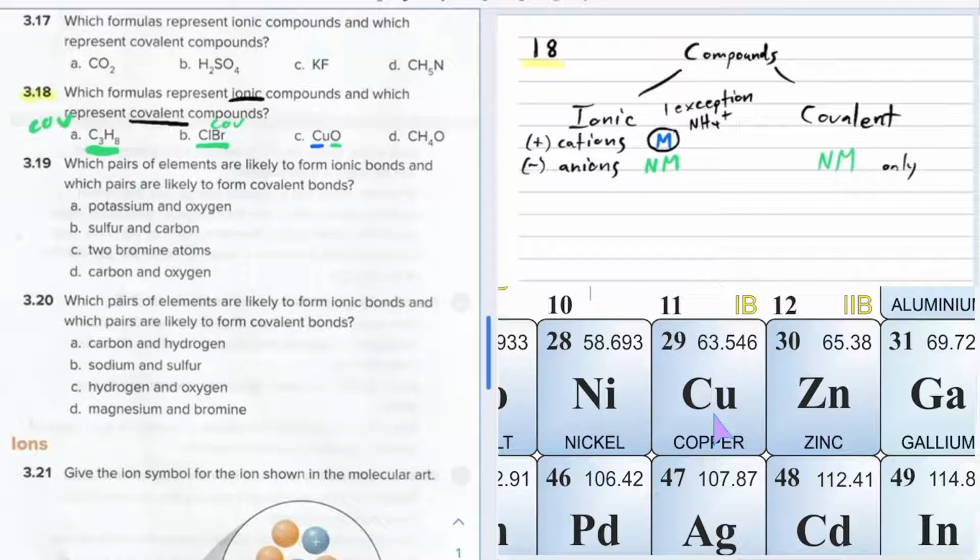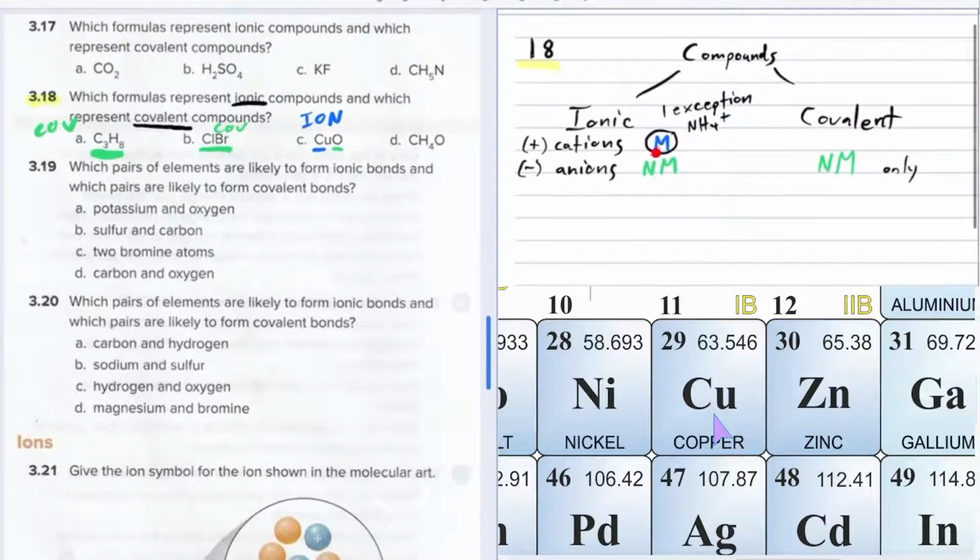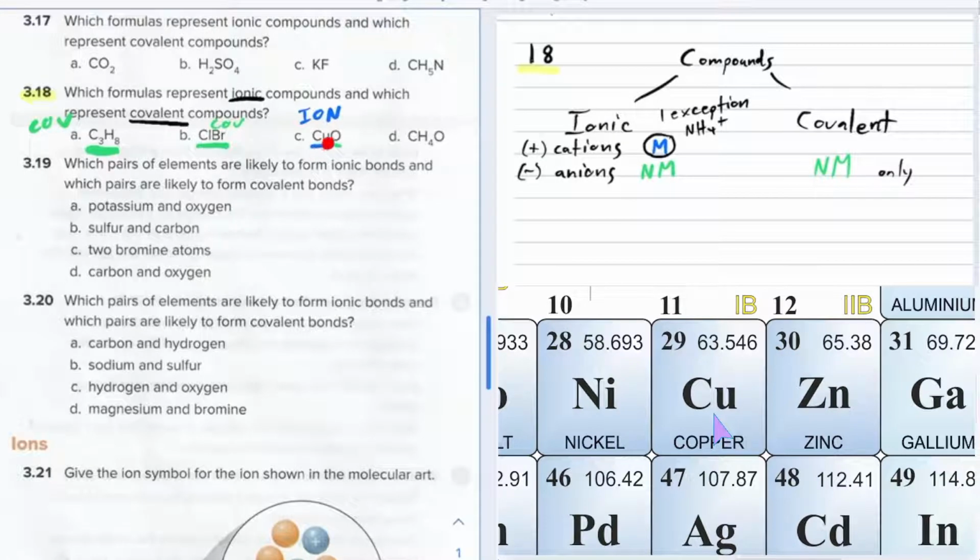So I'll call this one ionic, because you got a metal and a nonmetal. The copper is a positive ion, and the oxygen is a negative ion. Actually, the copper is a +2 ion, and the oxygen is a -2 ion, but that's not really important for this problem.